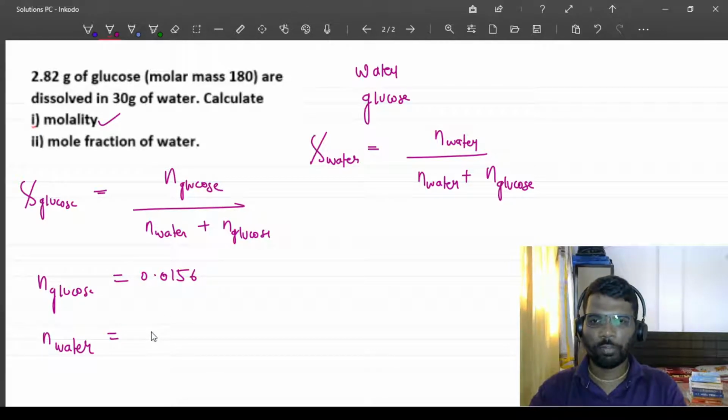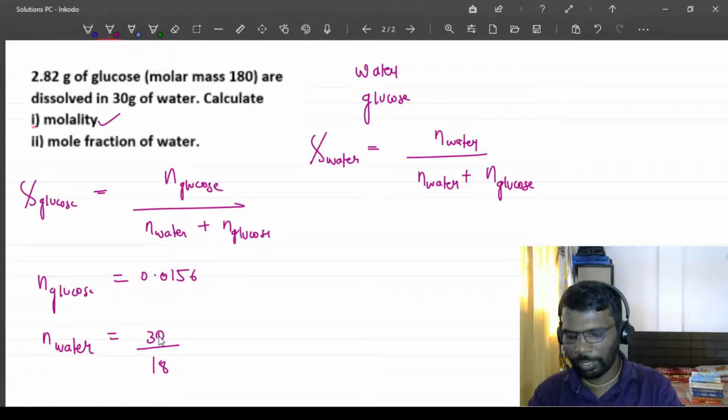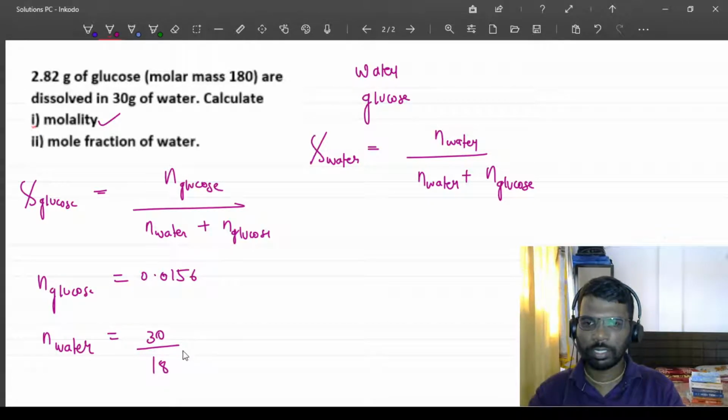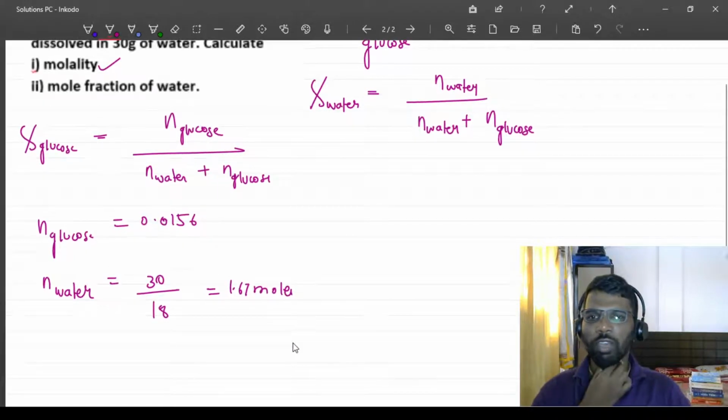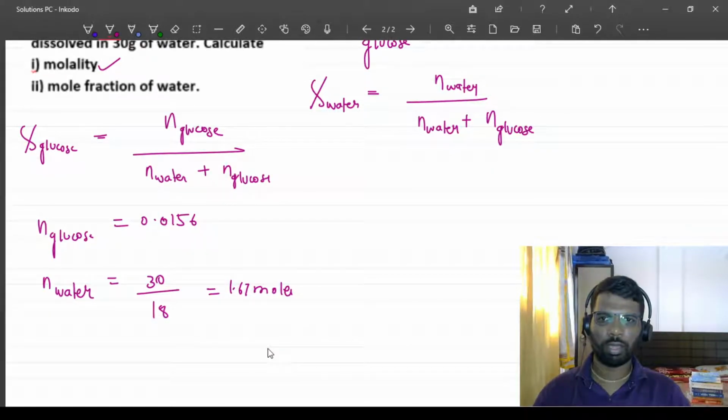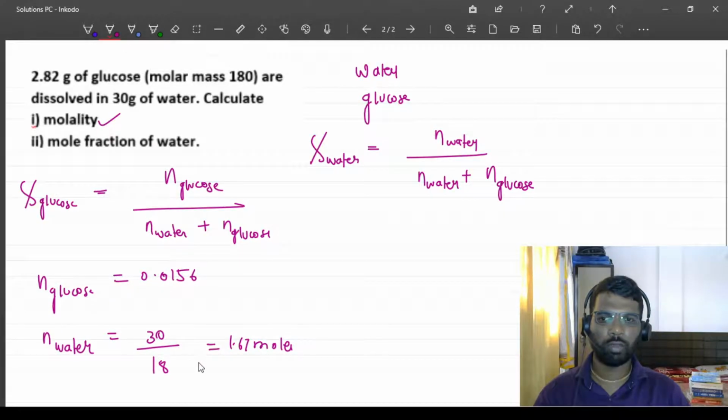The weight taken is 30 gram, divided by 18, which is the molar mass. So 30 divided by 18 comes to 1.67 moles. So I am getting the number of moles of water to be 1.67 moles.